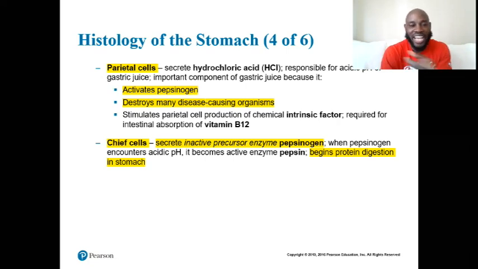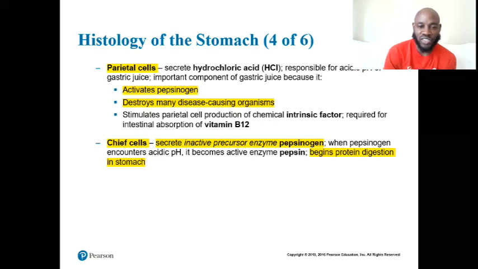All right, so we have the activating of the pepsinogen. That's going to be very important when we talk about protein digestion. The parietal cells destroy disease-causing organisms and produce the chemical intrinsic factor, required for the absorption of vitamin B12. That's all your parietal cells.